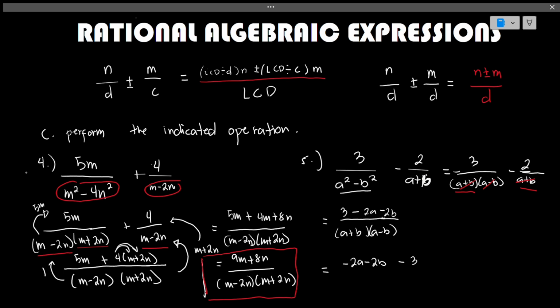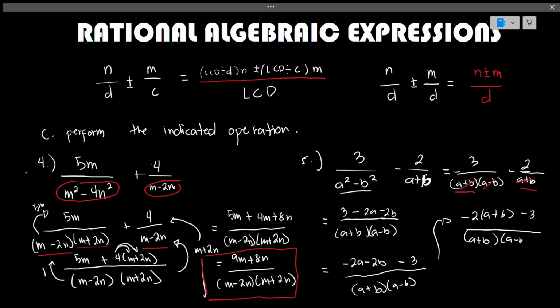minus 3. Okay? As you can observe, negative 2a minus 2b has a common factor, so we can actually factor that out. So it will give us negative 2, that's their common factor, times a plus b, minus 3 all over a plus b times a minus b.